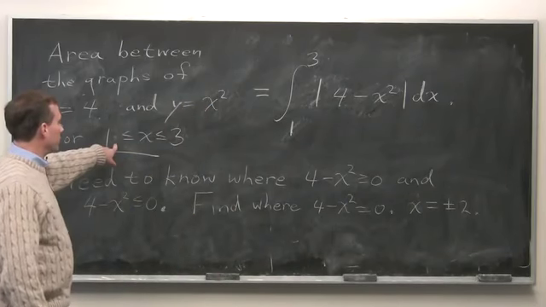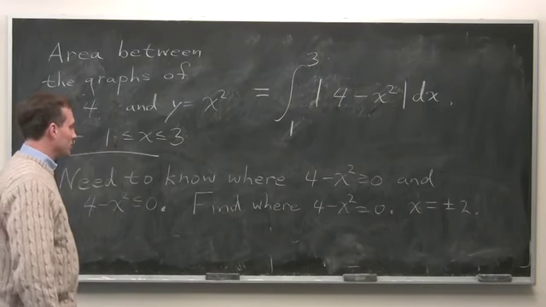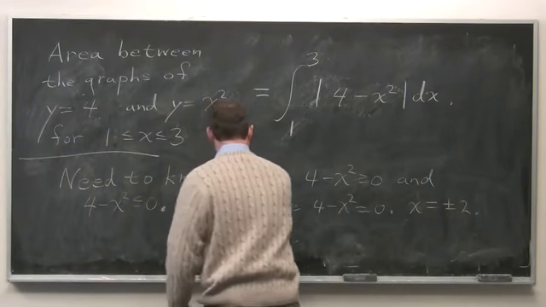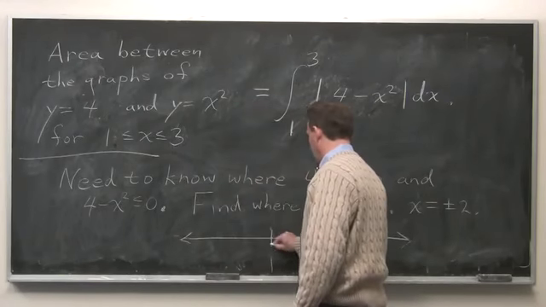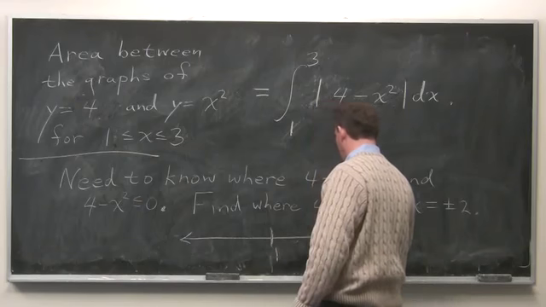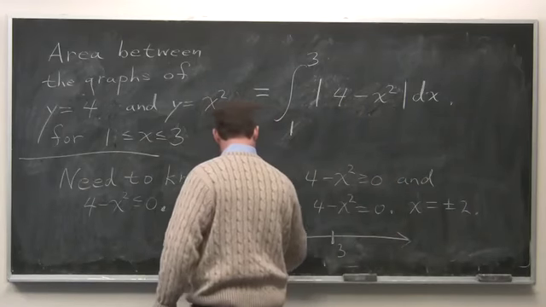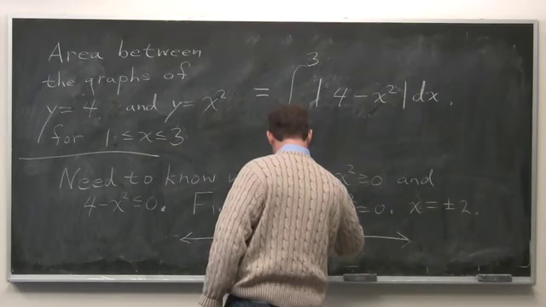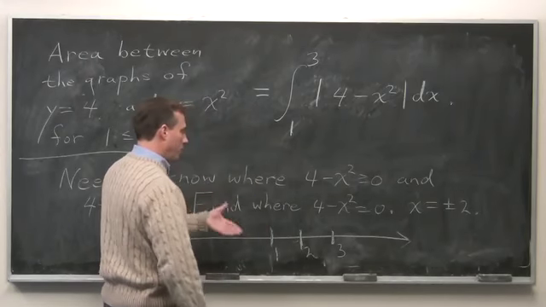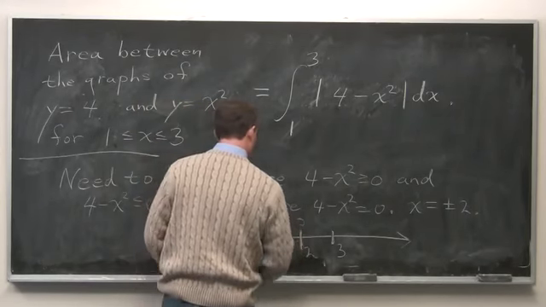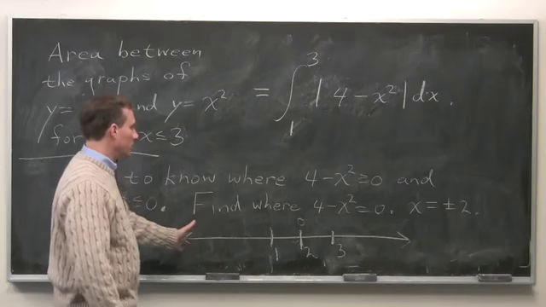We only care about the interval from 1 to 3, so we don't really care about the minus 2. Here's the real line. Here's 1, here's 3, here's 2, and 4 minus x squared is 0 at 2, and the only other place it's 0 is way down here at minus 2.